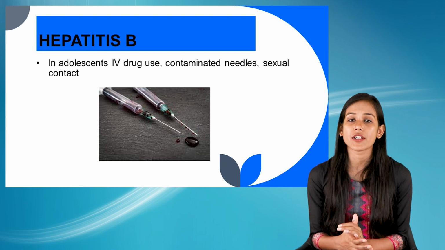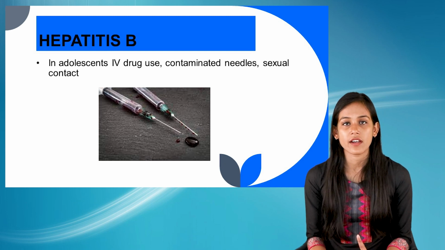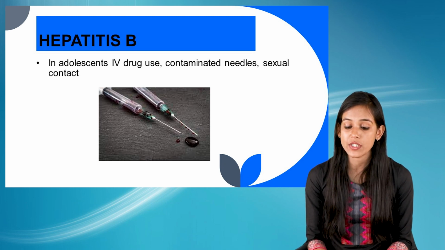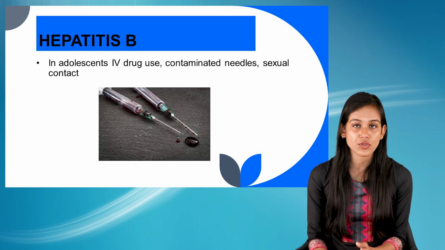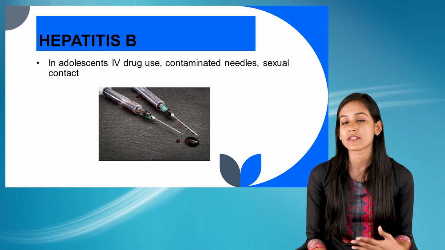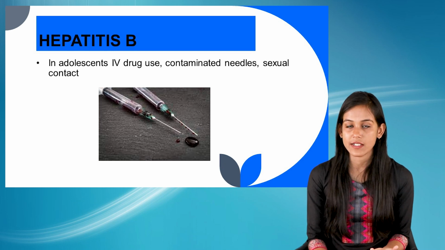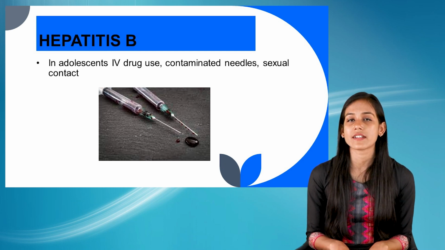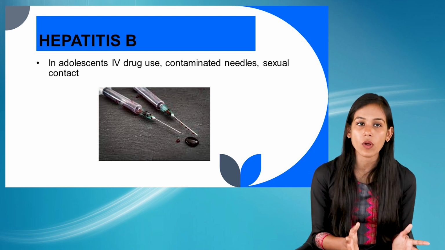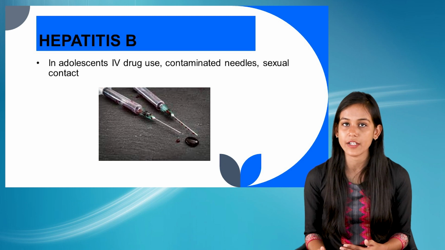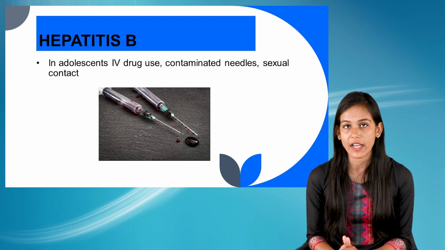And if we talk about adolescents, there could be IV drug use with contaminated needles, sexual contact, institutional care, and intimate contact with carriers. So these are the ways through which adolescents may get affected with hepatitis B virus.